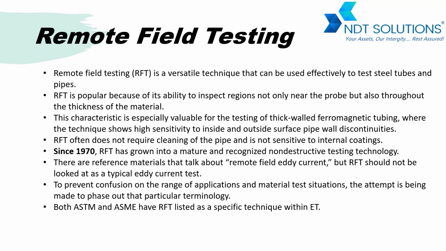And it is not even throughout the tube or throughout the material. So the behavior of the electromagnetic field or eddy current is not the same throughout the length. That's why we cannot use eddy current. So we need something new which can help us inspect carbon steel tubes or ferromagnetic tubes. So remote field testing comes into the picture.